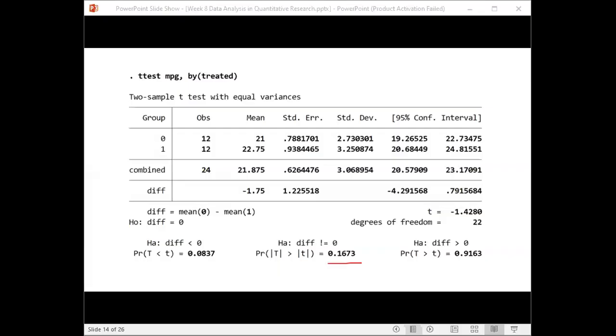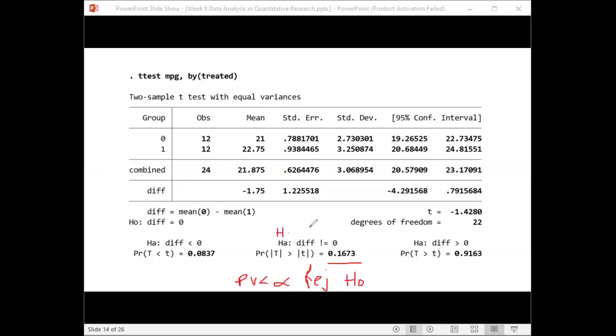All right, so this one gives us 16%. 16% is greater than 1%, 5%, 10%. So the rule of thumb was that if the p-value was less than the alpha, reject H0, right? So what will be our decision? Are we able to reject H0? We accept.